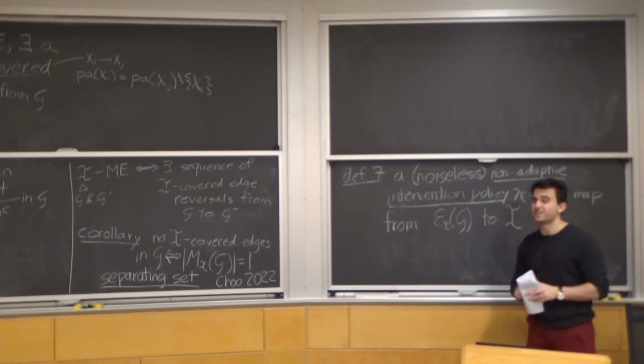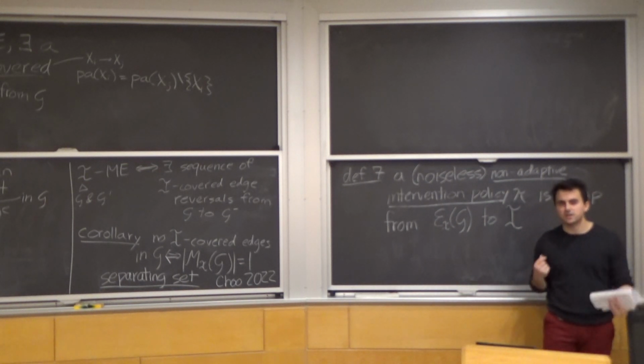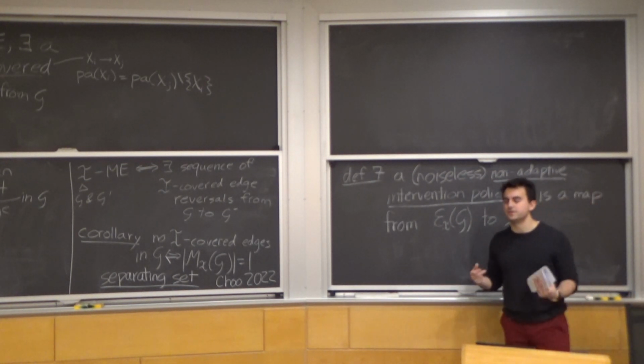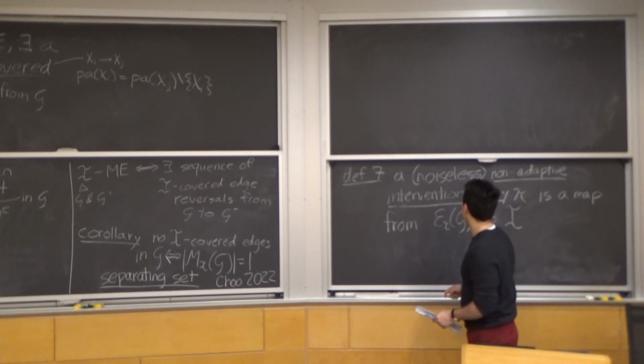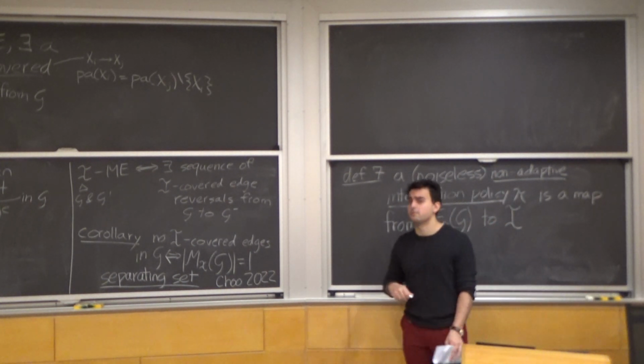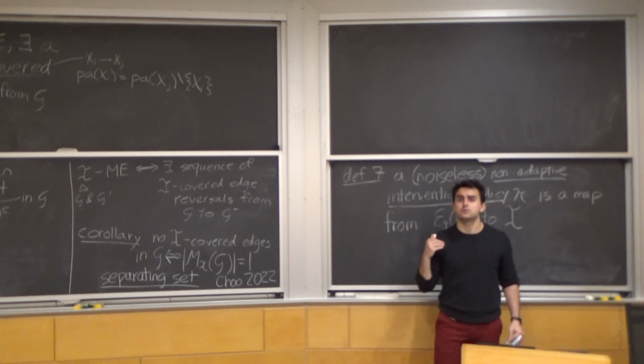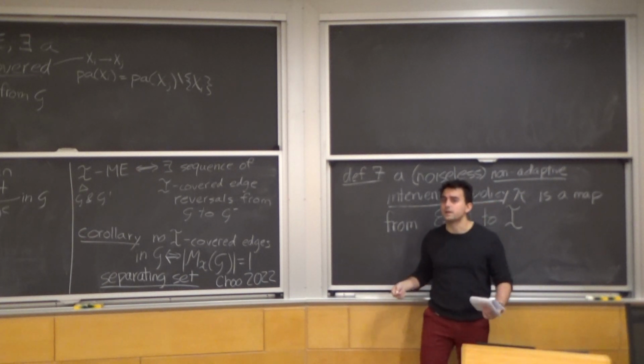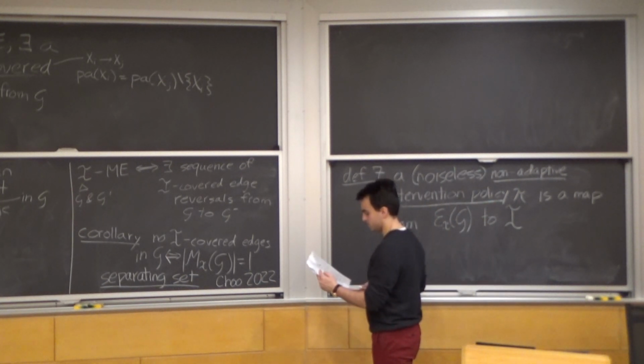Another thing we might want to distinguish when we're talking about policies, which I've already alluded to multiple times, is what kind of restrictions we're placing on our set of interventions.